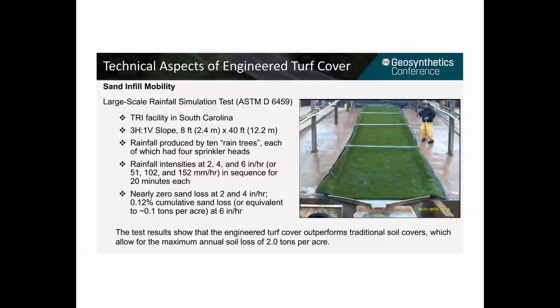As a comparison, the maximum annual soil loss for a soil cover is 2 tons per acre. The engineered turf cover clearly outperforms traditional soil cover systems regarding soil erosion.